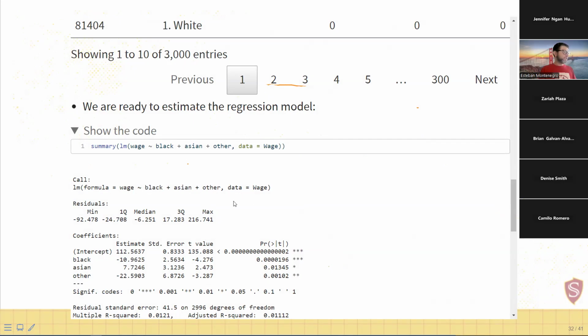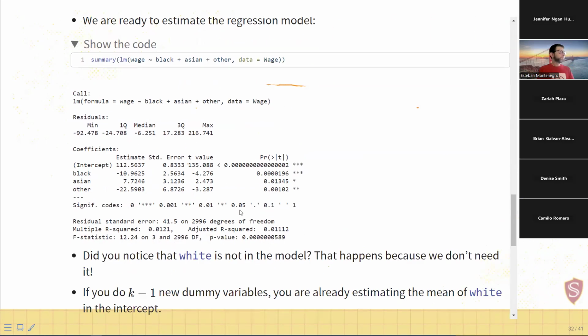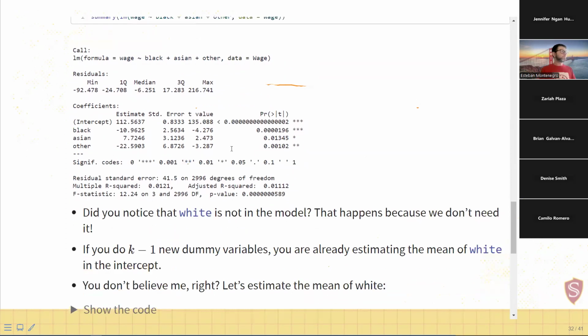Now, let's check the output. Right now, we can see a slope for black, a slope for Asian, and a slope for other. What does this mean? This slope is the mean difference when you compare black versus white.